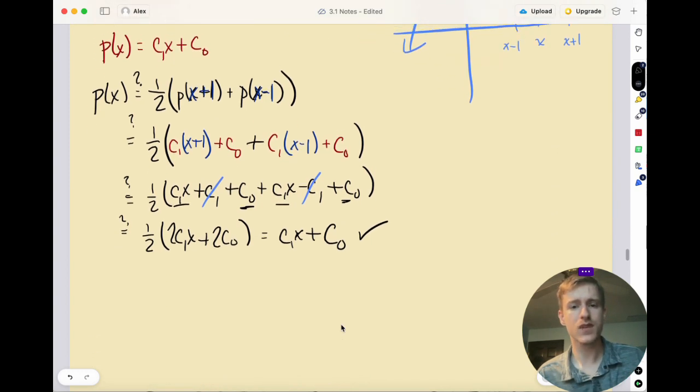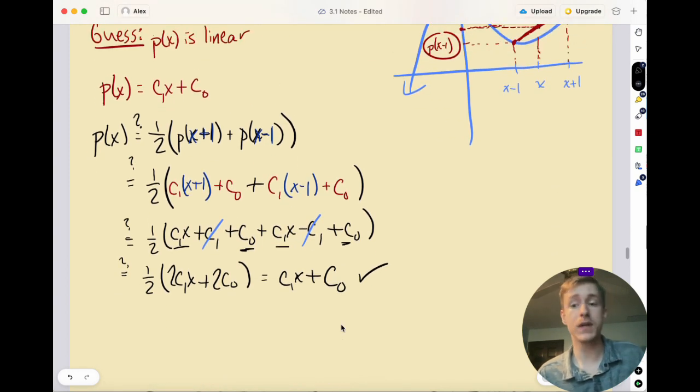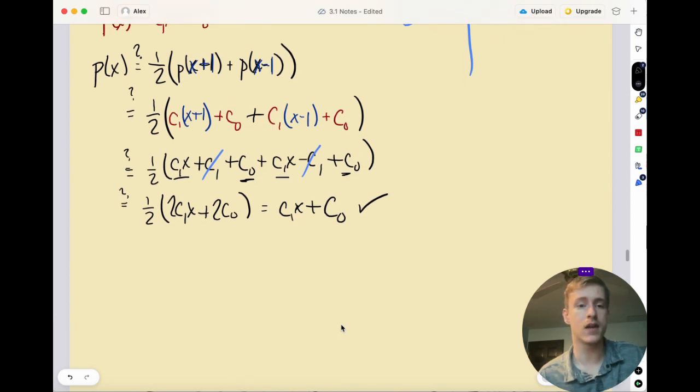Okay, so now that p of x is linear, the only thing left to do is to find constants c1 and c0 using our boundary conditions. So we should know the probability of success, which, remember, was the probability of essentially getting to $0 and losing everything. Well, what's the probability of losing everything when you start off with $0? Because that's what x represents. Well, the probability of losing everything or getting to $0 if you start with $0 is 1.